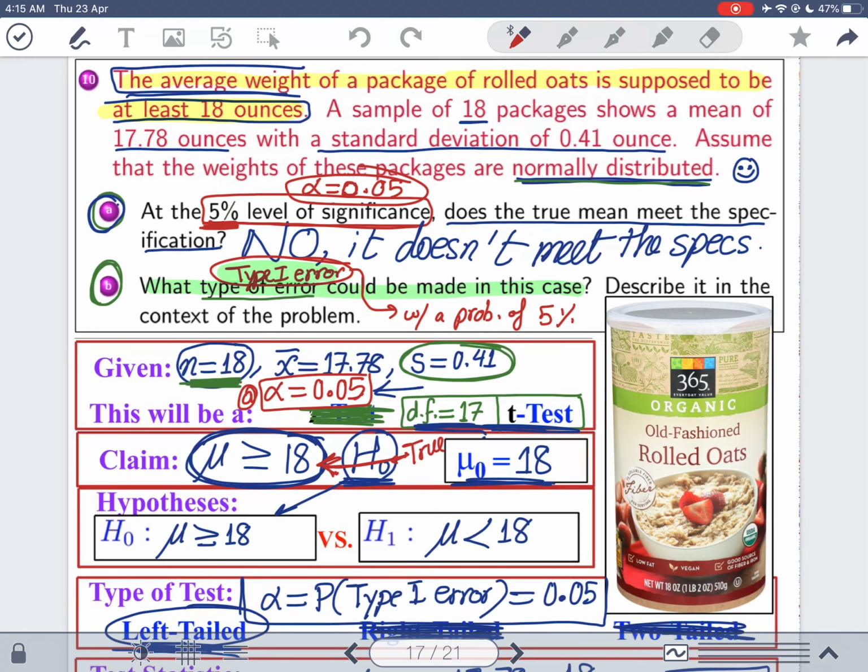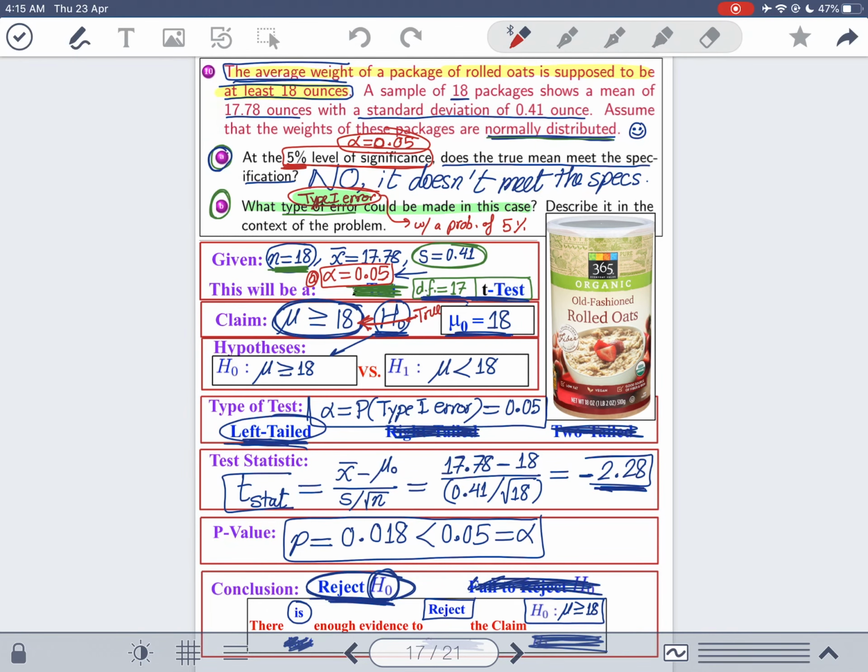So in this case, there is a 5% chance that the oats had an average weight of at least 18 ounces, but your statistics made you reject a true null hypothesis. Okay, I think that this is more than enough explanation. I hope that you understood it by now.